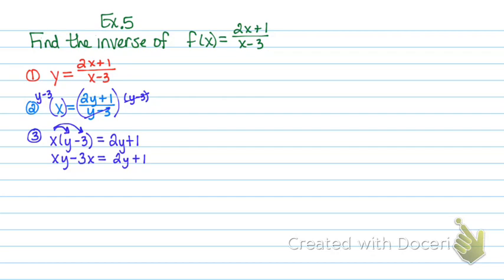Now, because we have 2 different y's, I need them on the same side of the equal sign. So if it's got a y, I need to move it to one side, and if it doesn't have a y in it, it needs to go to the other side. So I'm going to take this 2y here, and I'm going to move it over with the other y. And in the same step, because I have something that doesn't have a y, I'm going to move the 3x over to the other side.